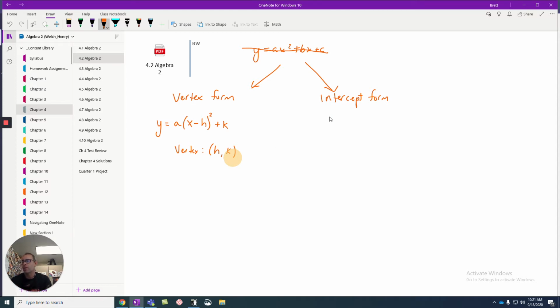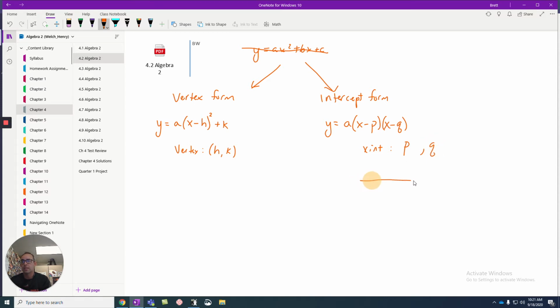The intercept form is focused on something very different, and it's written as y equals a times (x minus p) times (x minus q), where the x-intercepts are at the points p and q.